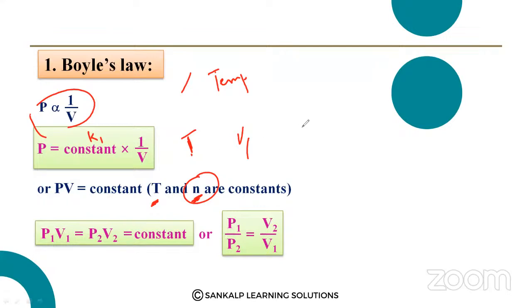Upon applying pressure, from P it goes to P1, and it occupies the volume V2. So according to Boyle's law, P1 by P2 is equal to V2 by V1. This is the mathematical form of the law, given by Boyle.